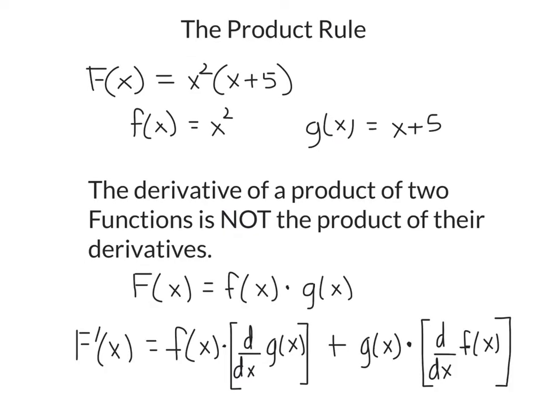We can find the derivative of a product of two functions by using the product rule. So anytime we have a function, say capital F of x, that is equal to the product of two other functions, we find that derivative, and we can call it capital F prime of x. We find that derivative by calculating the following: f of x times the derivative of g of x plus g of x times the derivative of f of x.